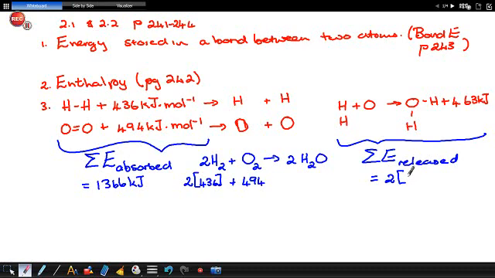1 mole of water is formed. 463, and that would be, wait a moment, I'm a bit confused here. Okay, so it's 463 for 1 OH bond.